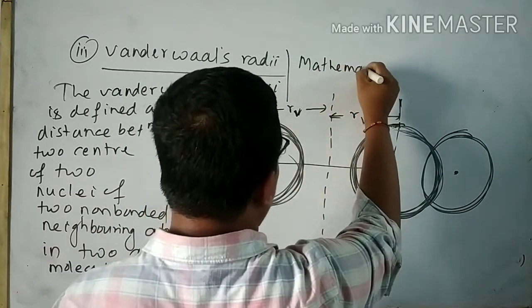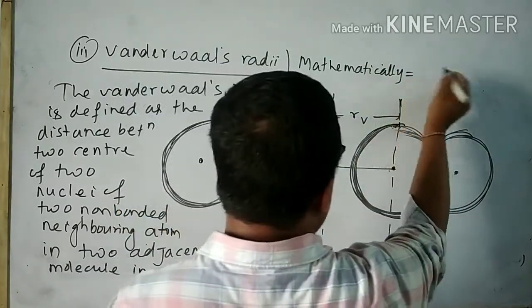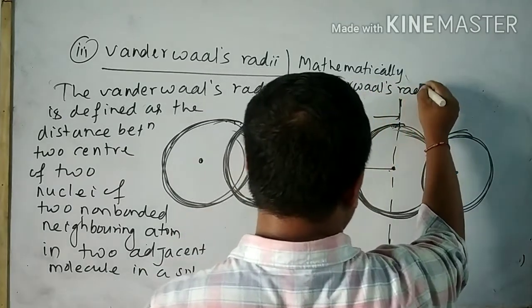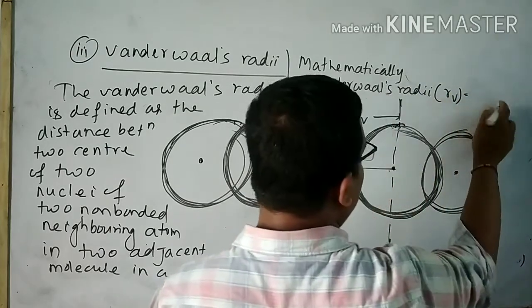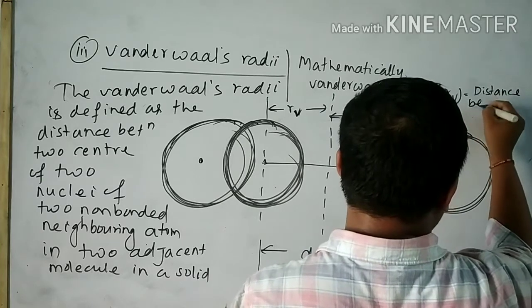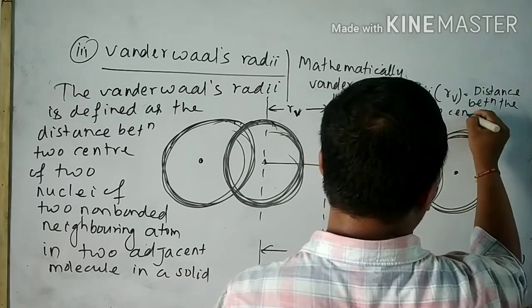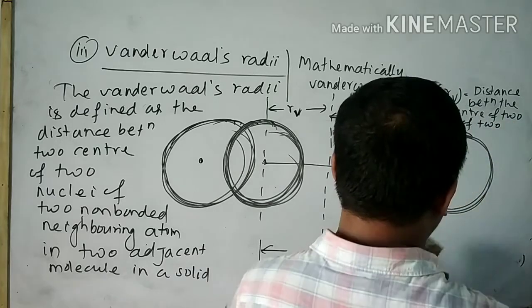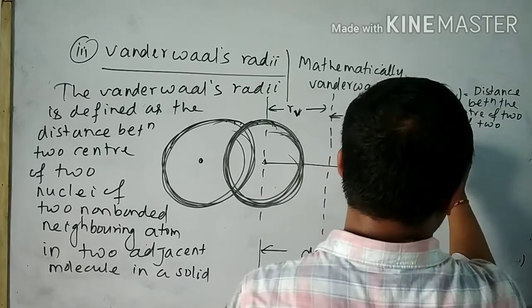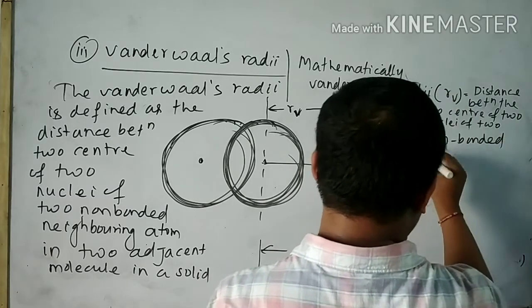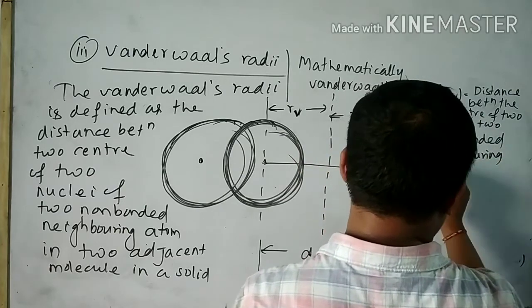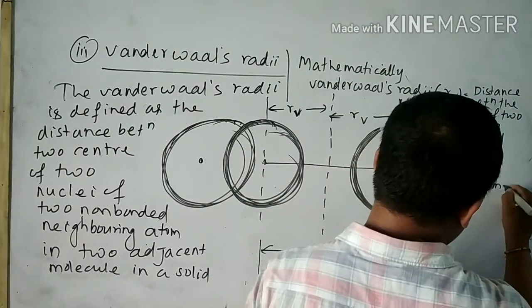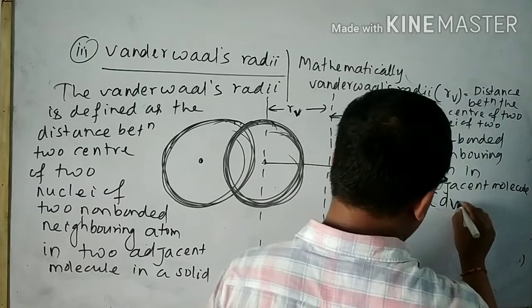Mathematically, we can write van der Waals radius, that is Rv, equal to the distance between the centers of the two nuclei of two non-bonded neighboring atoms in two adjacent molecules, taken as dv divided by 2.